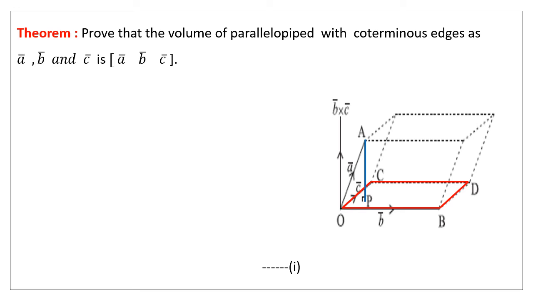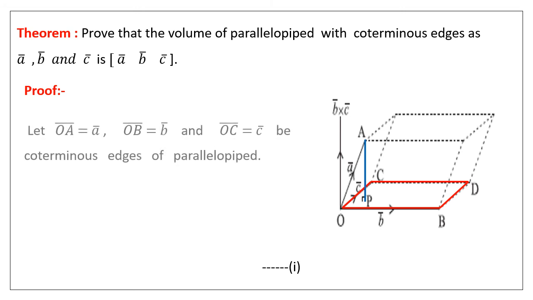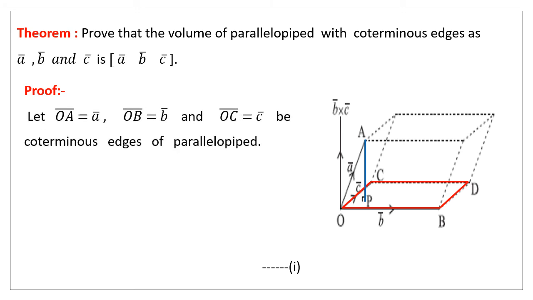Theorem: prove that the volume of parallelepiped with coterminous edges as a bar, b bar and c bar is box product a bar, b bar, c bar. Look at the diagram, student. Proof: let OA bar equals to a bar, OB bar equals to b bar and OC bar equals to c bar be the coterminous edges of parallelepiped.